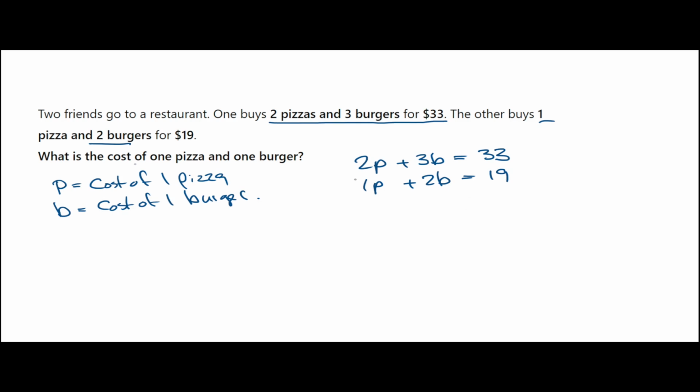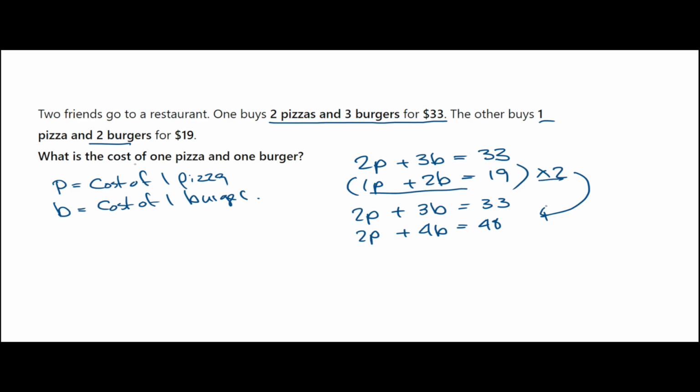What do we want to get rid of? Well, we want to get rid of the p's, I think, because 2 is a multiple of 1. So I'm going to multiply everything there by 2. So 2p plus 3b equals 33. And 2p plus 4b equals 48.